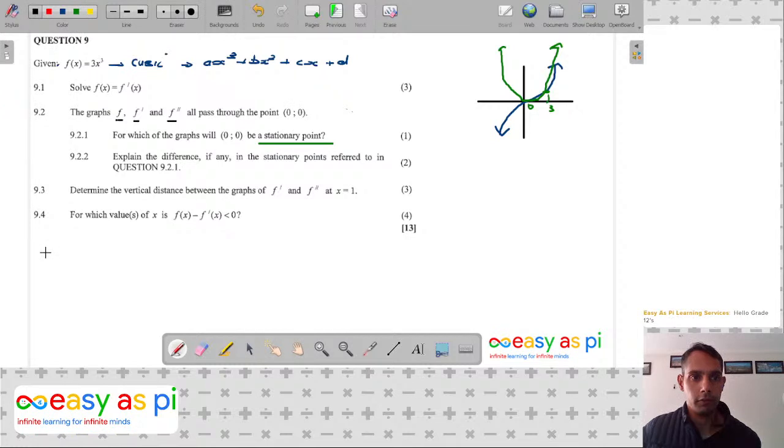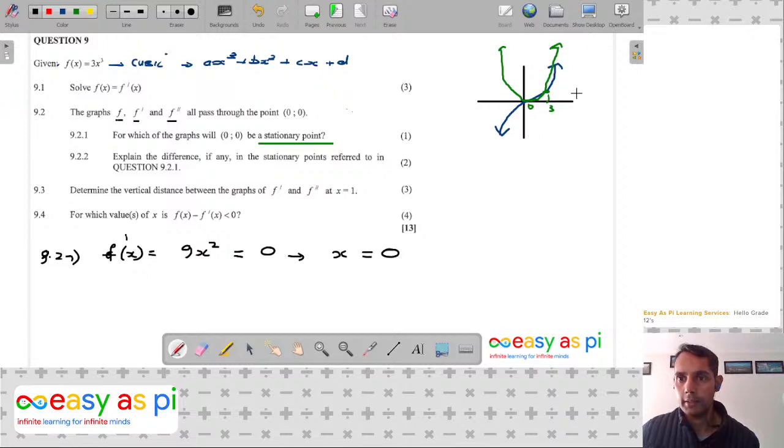We know that the derivative, and this is for 9.2.1, f dashed of x is equal to 9x squared. And of course, to find the turning point, I then equate that to 0. Now, if I solve for this, I then get x is equal to 0. So I know that there is a turning point of my original graph.